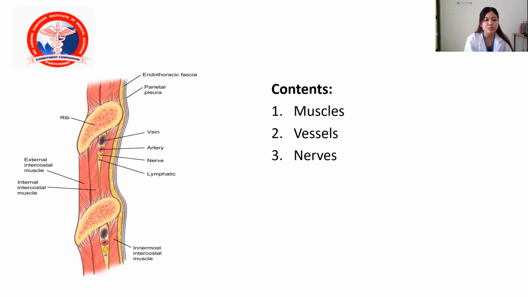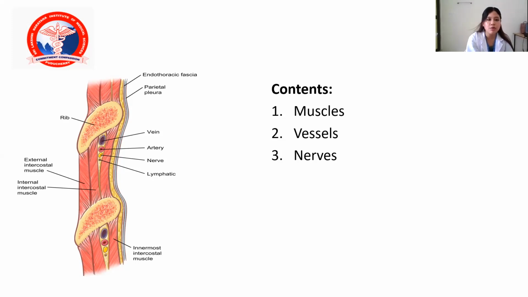Now, how is the arrangement? From above to downward, it is the intercostal vein, then the intercostal artery, and the intercostal nerve.